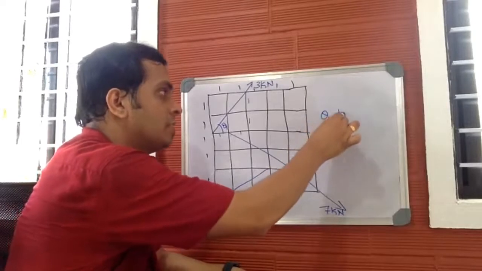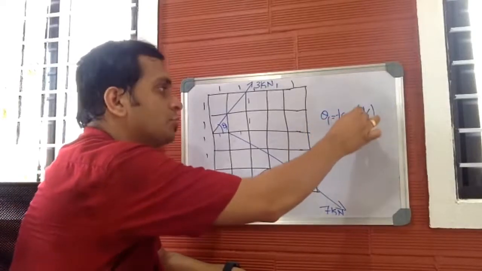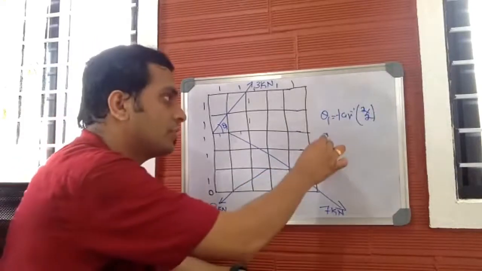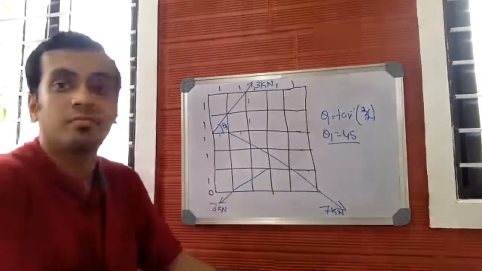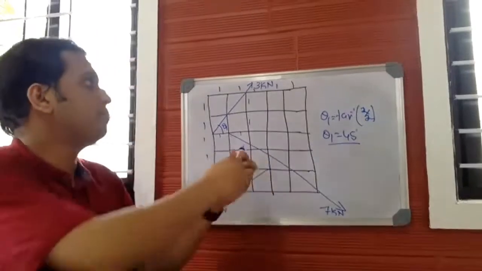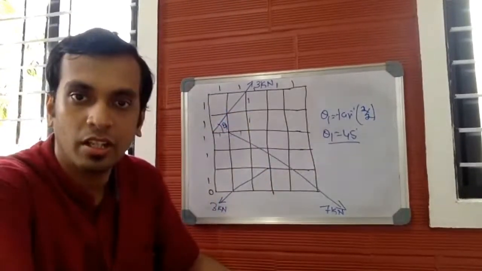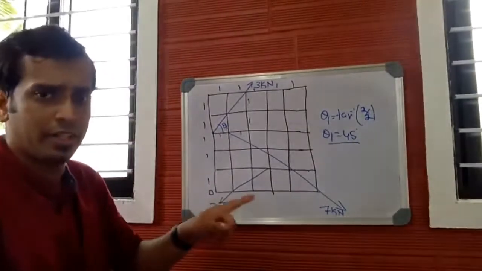Theta 1 will be tan inverse 2 by 2, which is 45 degrees. Right. So we got the value of theta 1.